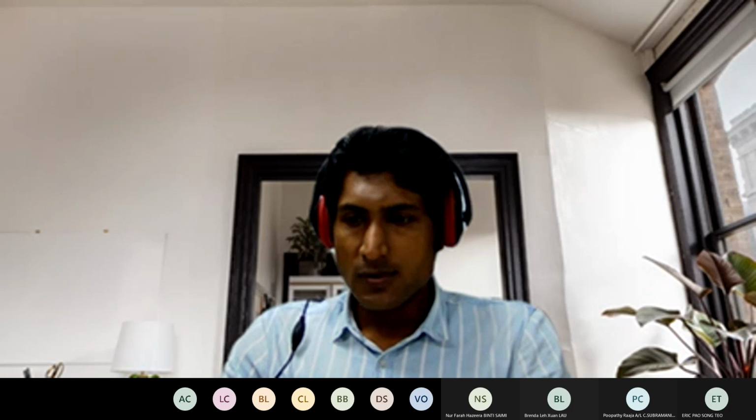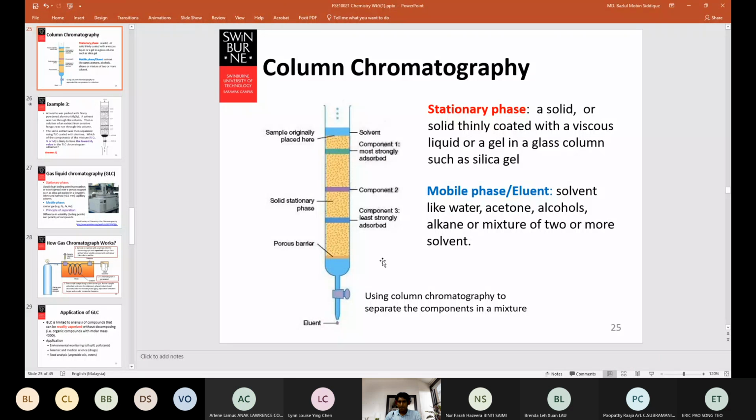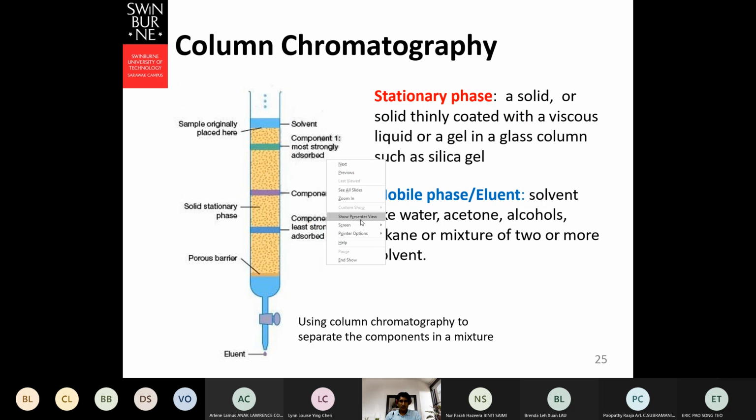Right, now we are going to column chromatography. The principle is the same as TLC or paper chromatography, only it is upside down. Why upside down?